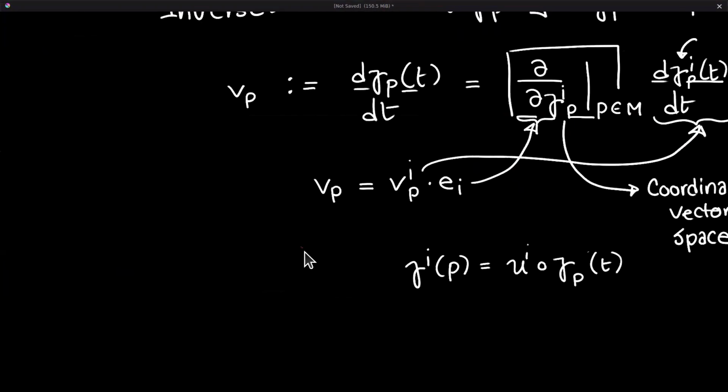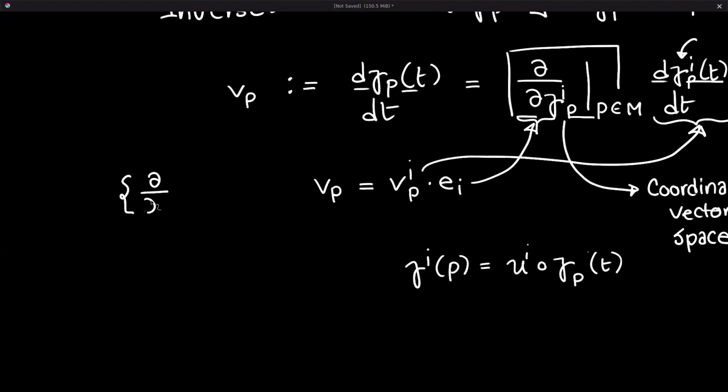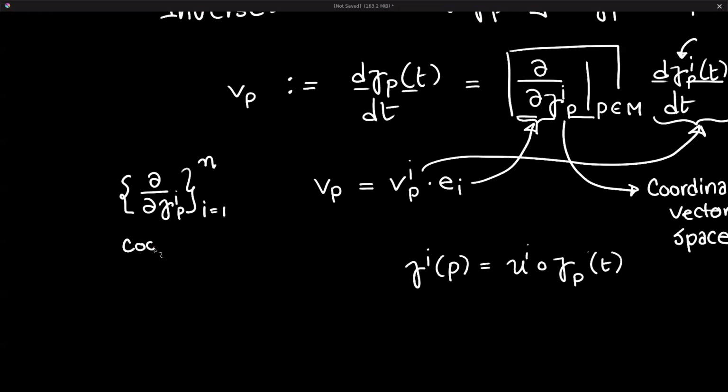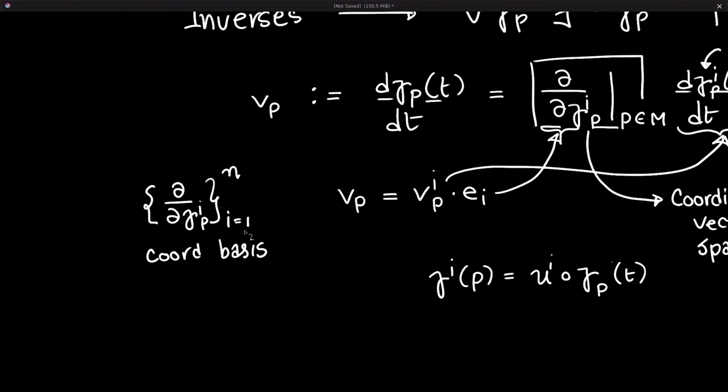This set, partial partial gamma I at P, where I is equal to 1 to n, will form a basis. This is the coordinate basis. So obviously, these only have to be linearly independent, and these are also linearly independent. So we can express one set in terms of the other set.